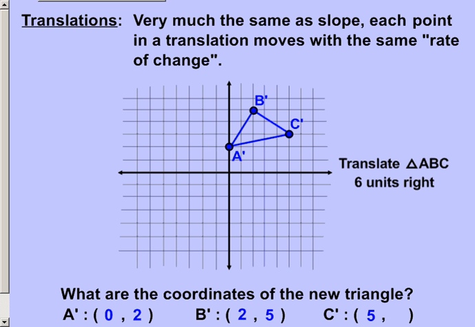C prime lines up with the x-axis at positive 5 and the y-axis at positive 3. There are your coordinates, A prime, B prime, and C prime, after the translation has been performed. Not too bad.